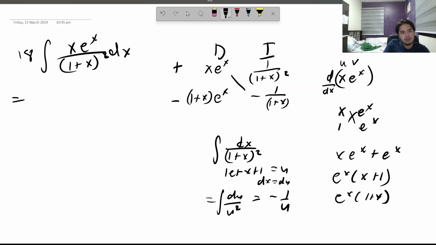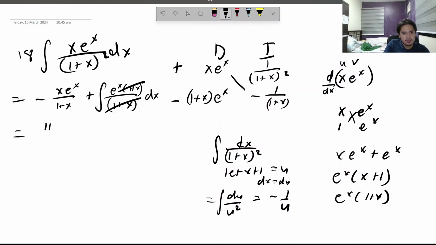Again, this we do. So negative x e to the x over 1 plus x. Nice. Plus the integral of e to the x times 1 plus x over 1 plus x. I keep switching it around, but it's the same thing. This and that cancel each other out. We get ditto. Plus integral of e to the x dx.